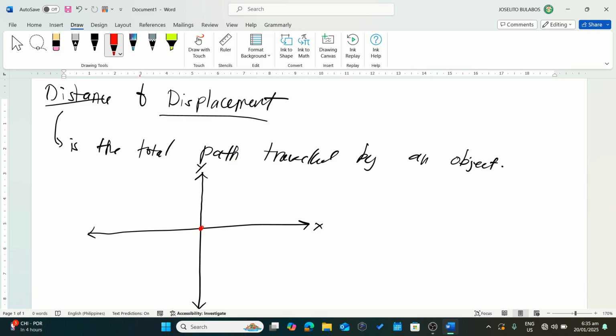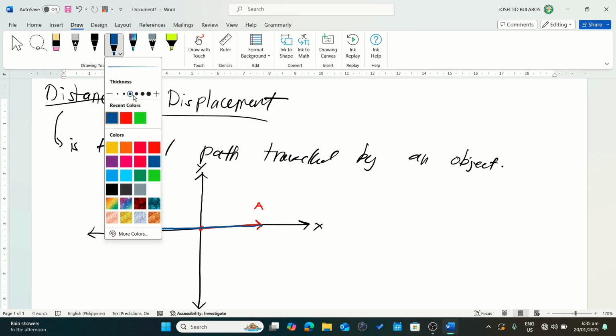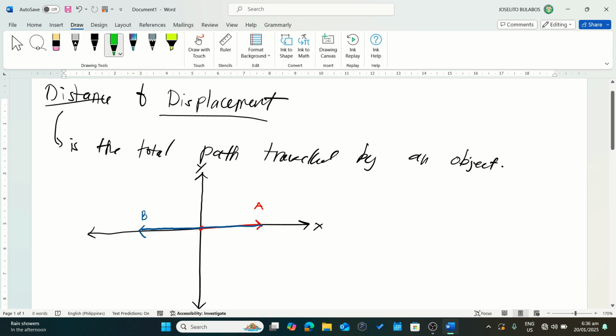Let's say the object starts here. Let's say this is A, and then it moves back here. Let's say this is B, and then lastly, let's say it moves down here.